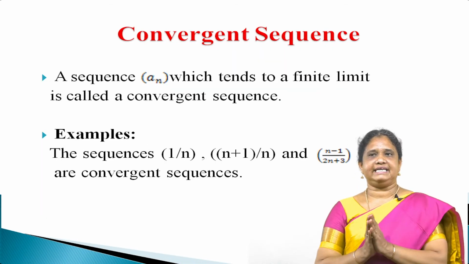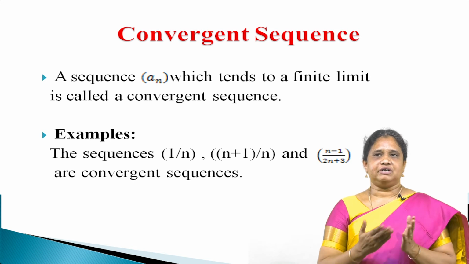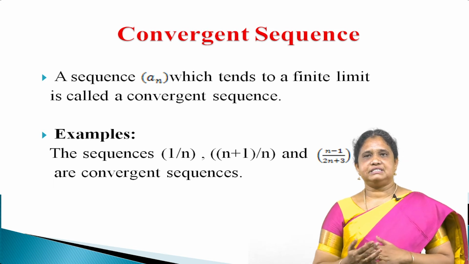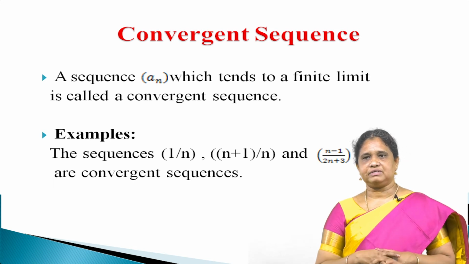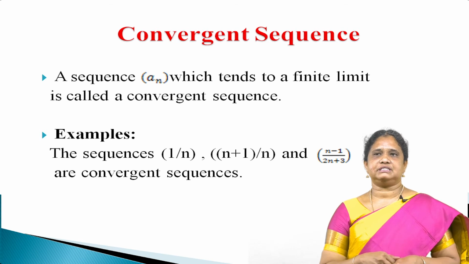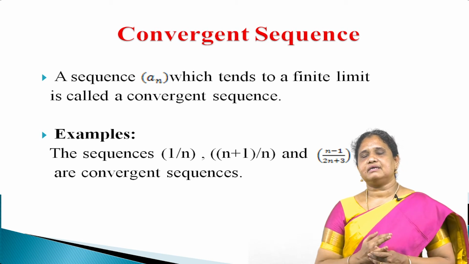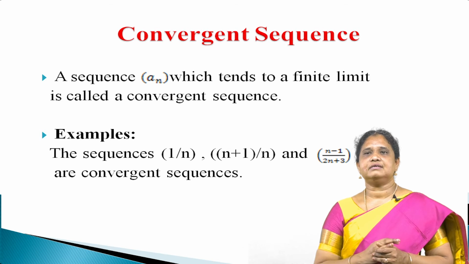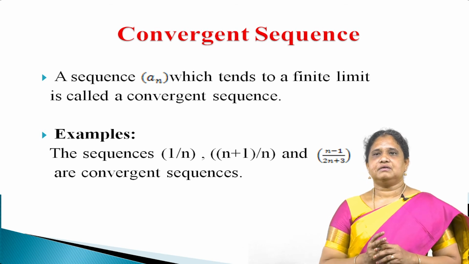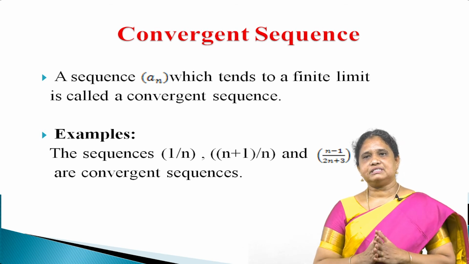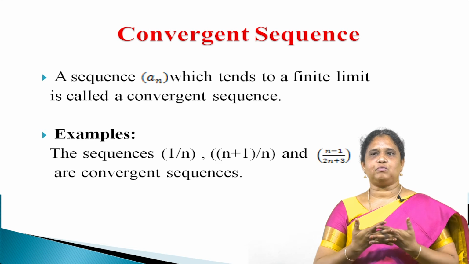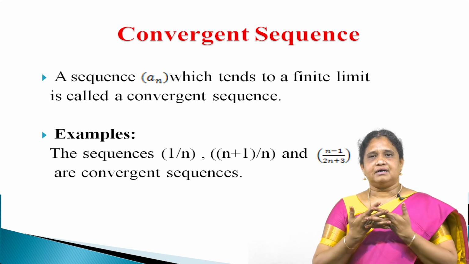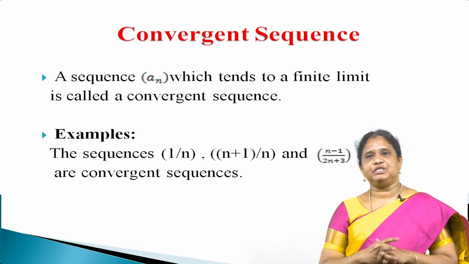There are 3 types of sequences known as convergent sequence, divergent sequence and oscillating sequence. Now, let us see convergent sequence. A sequence an which tends to a finite limit is called a convergent sequence. Examples, the sequence 1 by n. Already we have seen 1 by n and we have found the limit also.